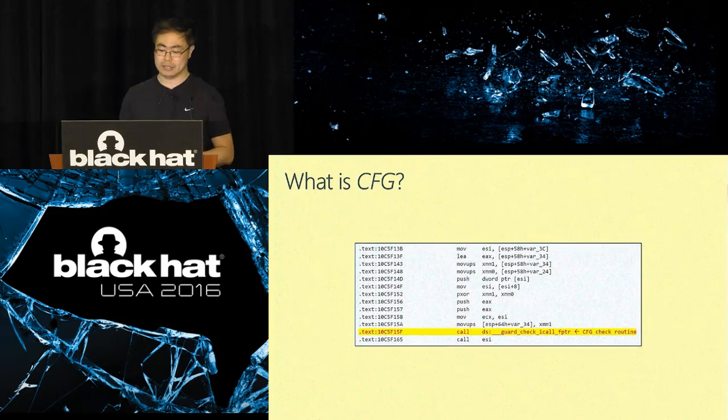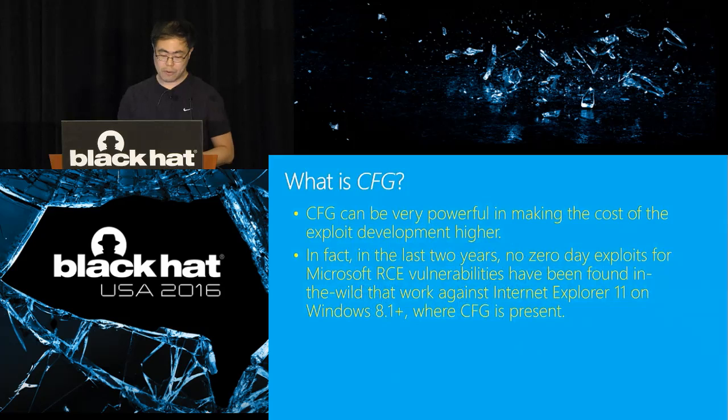It's just whitelisting, but for the last 2 years, no zero-day exploits for Microsoft RCE vulnerabilities have been found in the wild that worked against IE11 on Windows 8.1, where CFG was present. So when you enable CFG, even though they found some vulnerabilities, they couldn't make working exploits on the bad guys' side.